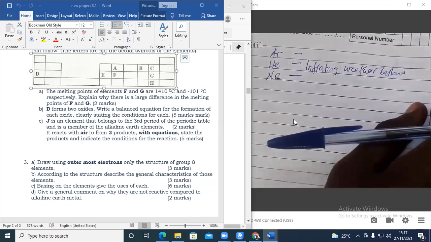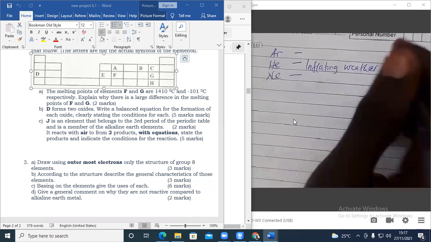Argon is put in lighting bulbs, okay. The next one. Yes. Where do you find neon?